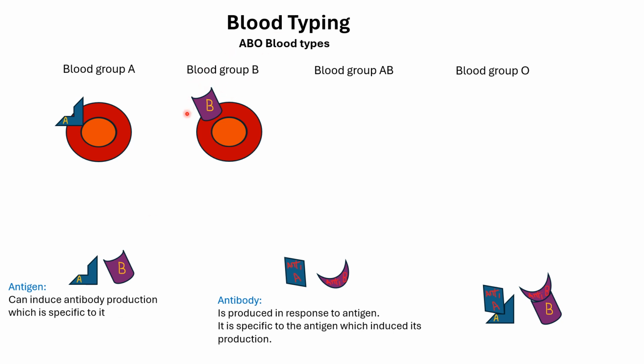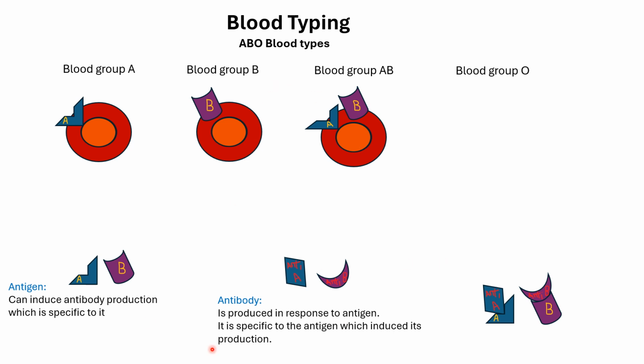So we say these people have blood group B. Then in blood group AB, these people have both antigen A and antigen B on the surface of the red blood cell, and we say that this person has blood group AB because when I say the blood group is AB, it means that the red blood cells of this person or patient have both antigen A and antigen B present on the surface.